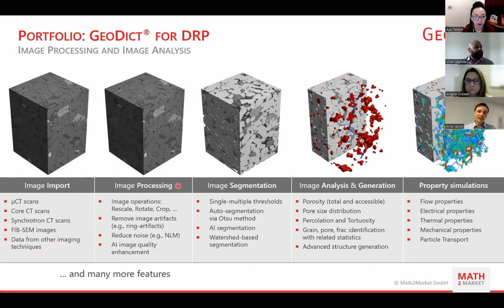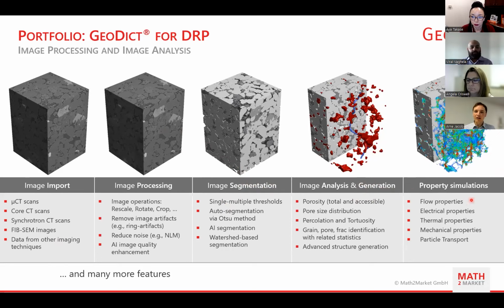Then image processing, which is all about filtering, removing artifacts, and so on. The segmentation, where we also provide AI approaches to get all the information out of the gray value histogram you obtain from micro CT. And then, of course, geometrical approaches to determine how much porosity you have in your sample, pore size distribution, fracture identification, everything you can do on the morphology of your structure.